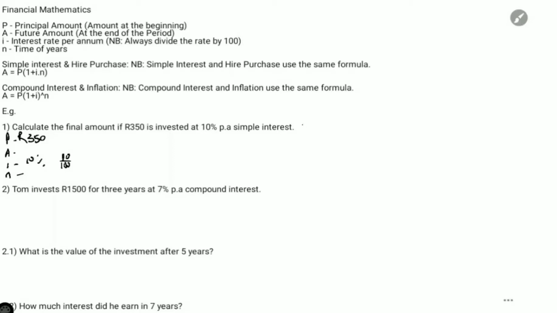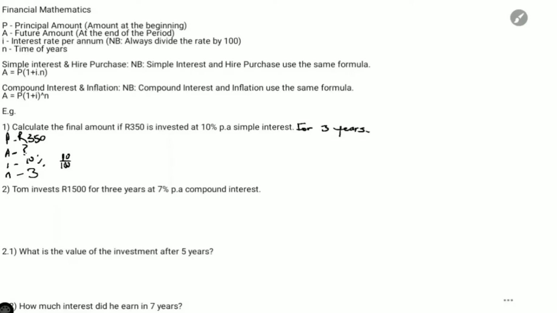So let's say for 3 years. Apologies for that. Our number of years is 3. The reason we need the number of years here is that we can't have two unknowns. If we have two unknowns, we're not going to be able to get an answer.